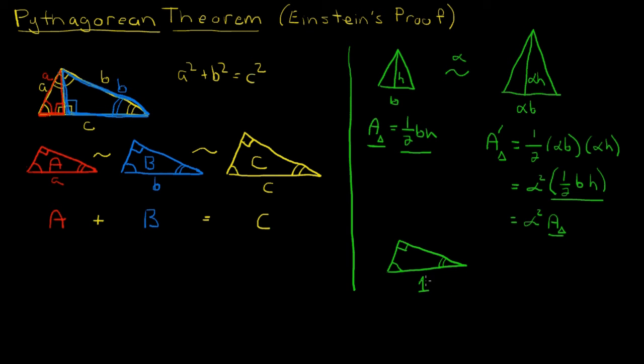The reason is that this side scales as c times 1, this side scales as b times 1, this side scales as a times 1. For these triangles, the scale factor from here to here is a, from here to here is b, and from here to here is c. So if they scale linearly with a, b, and c respectively, then their areas must scale with the square of those numbers.